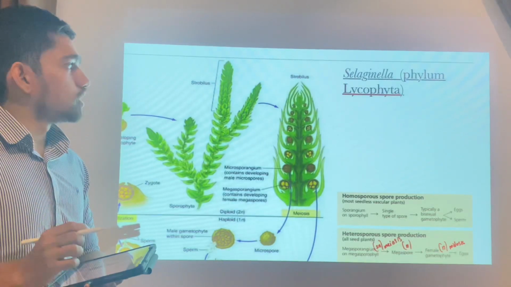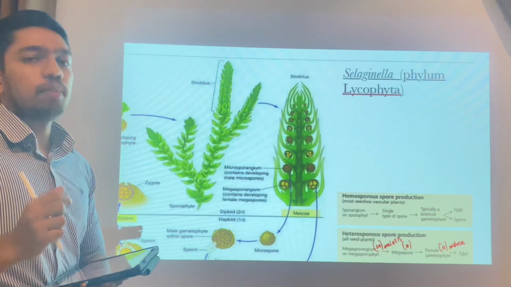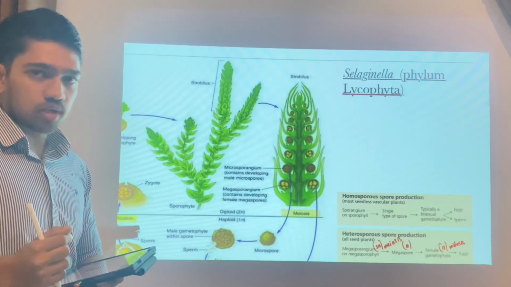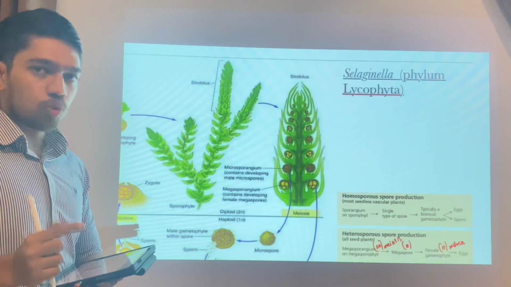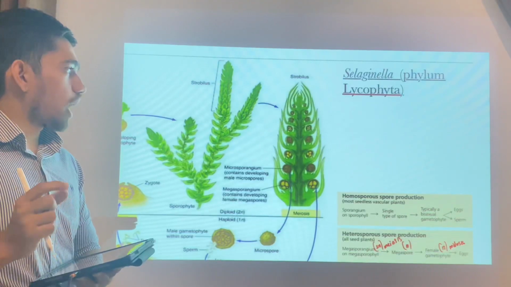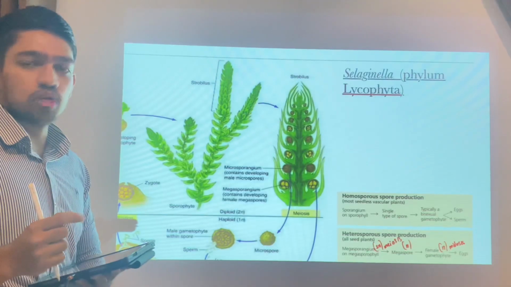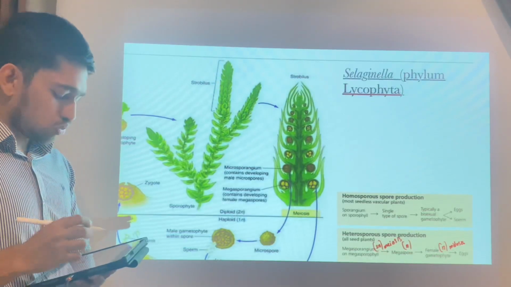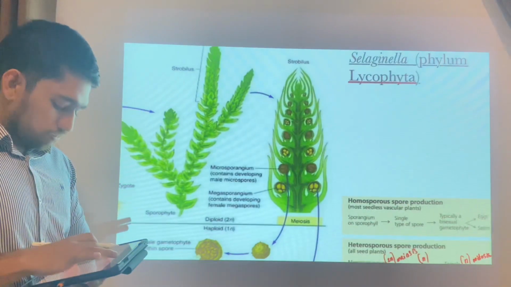A sporophyll is a specialized leaf that bears sporangia. Sporangia are borne on specialized leaves called sporophylls, and these sporophylls are arranged into a cone that we call a strobilus, plural strobili. So this is that structure.